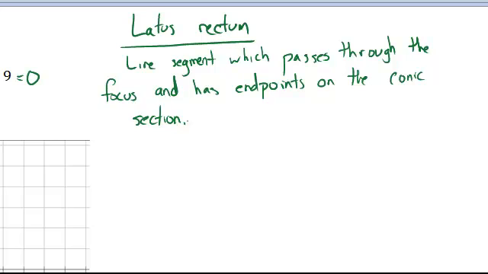So I will draw that in at the end of this problem so we have an idea of what it looks like. But we'll start again from x squared minus 2x plus 8y plus 9 equals 0.